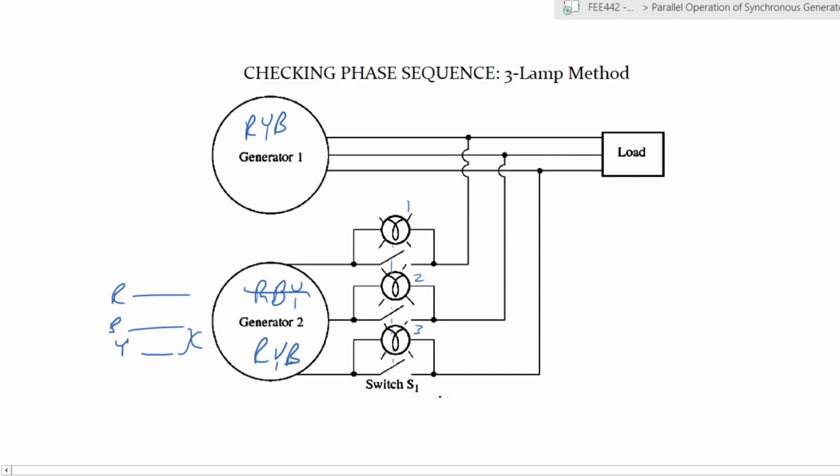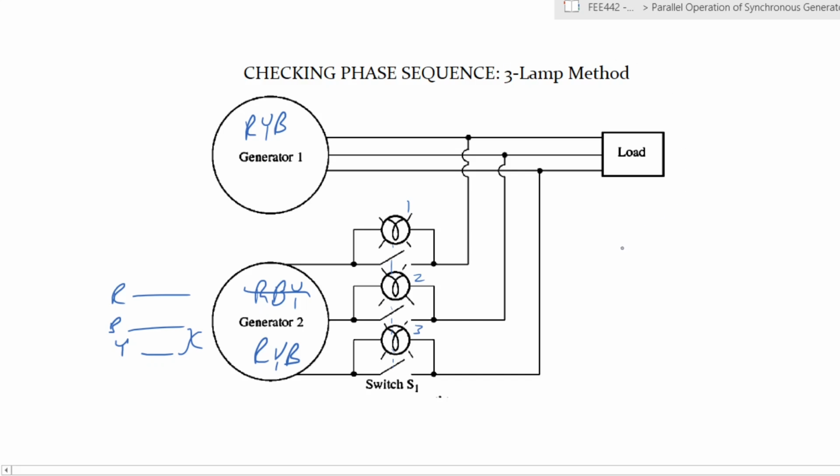So if you have a correct sequence that matches, you will see that the 3 lamps will light up and dim together. Now the lighting up and dimming is not due to the peaks and troughs of the sequence itself.